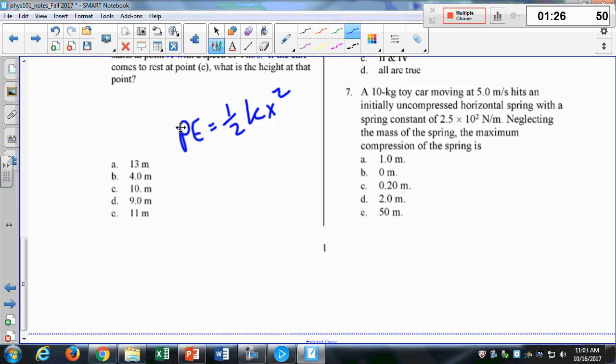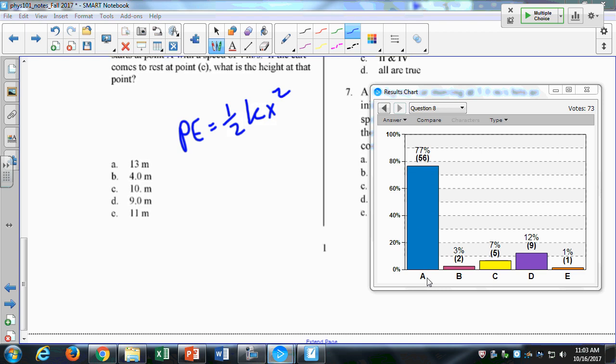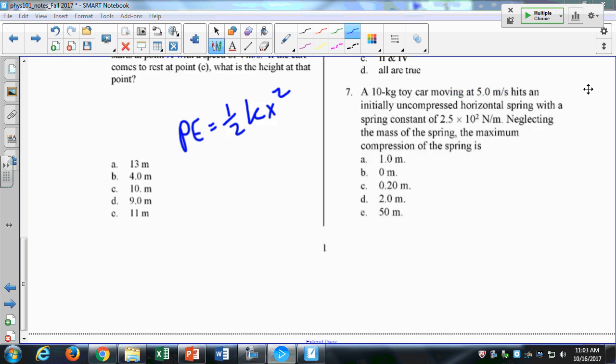Stop in about 15 seconds. Feel free to share your answer with your neighbors. We'll stop at 150. Alright, good. A is the right answer.